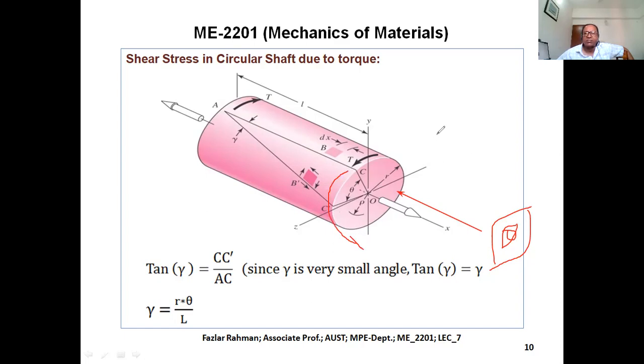And for this type of torque, we got theta equal to TL divided by GJ. So the angle you find by this formula will be positive.